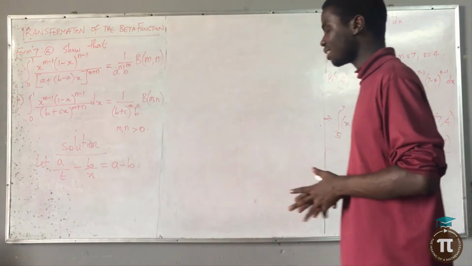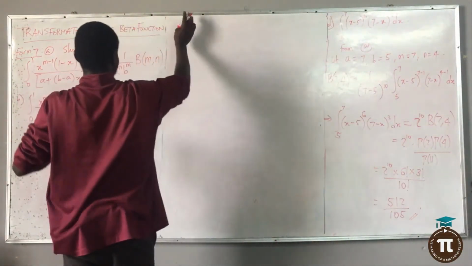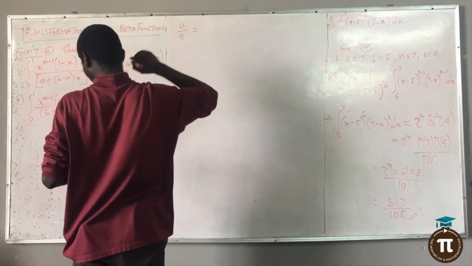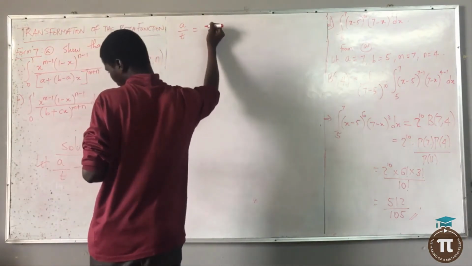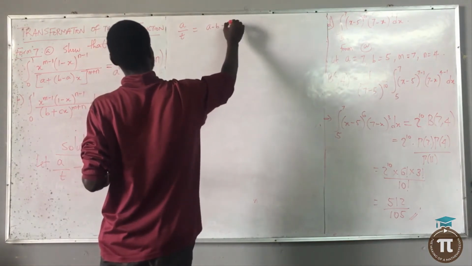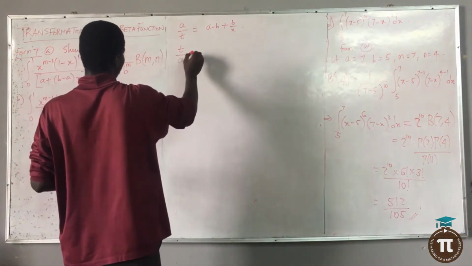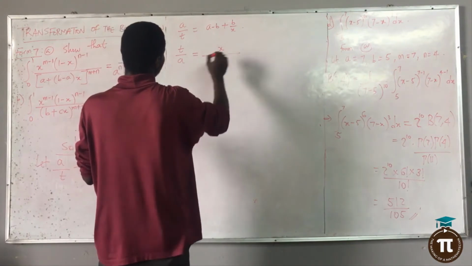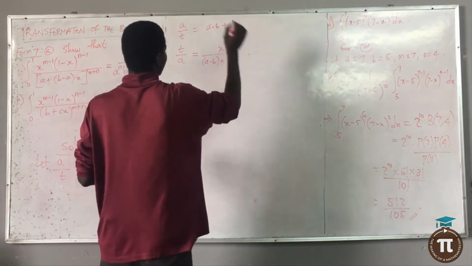From there, I will make t the subject of the formula. a over t will be equal to a minus b plus b over x. Then t over a will be equal to s over a minus bs plus b.